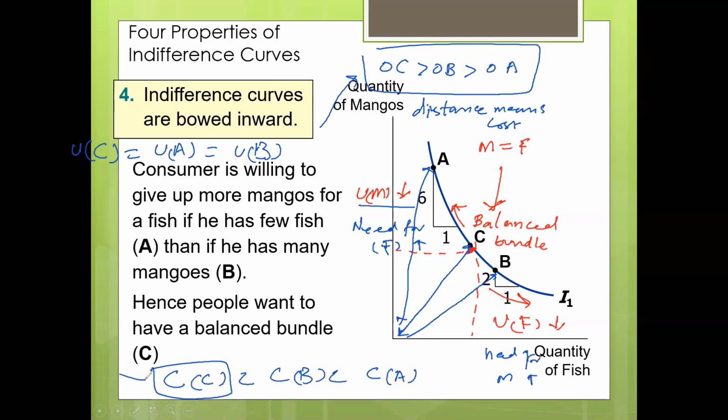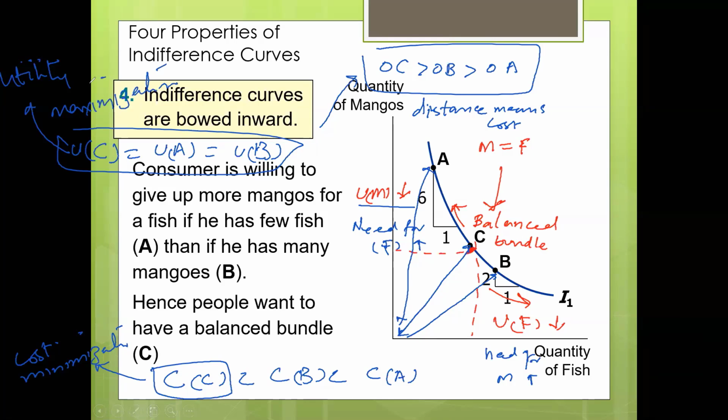So this is cost minimization, and since the utility is the same and it is the highest possible curve, this is utility maximization.